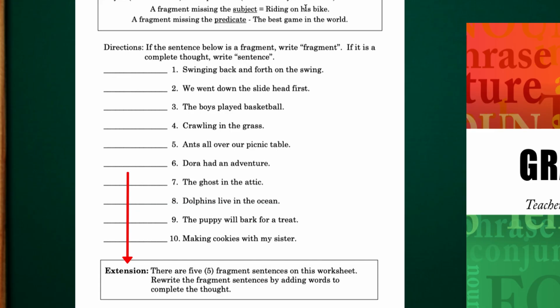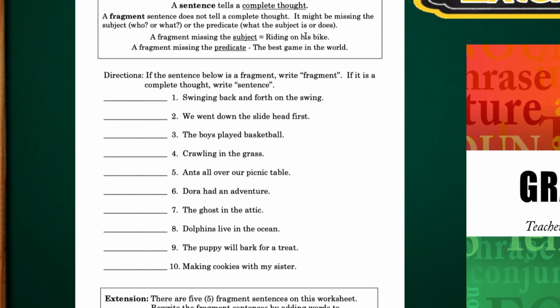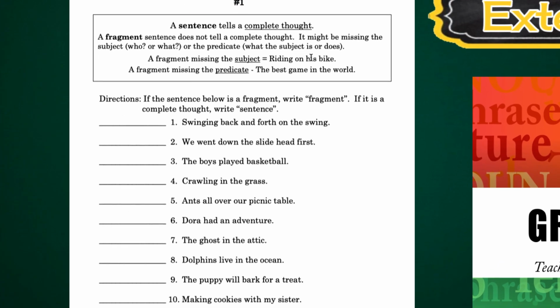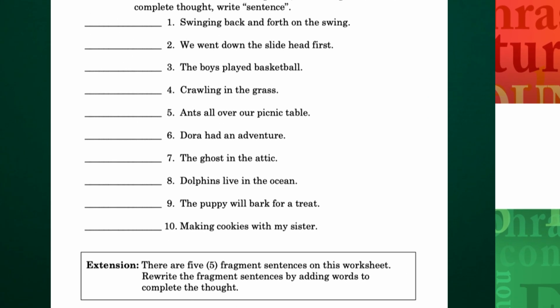Now, the extension is a small writing assignment where the students are practicing their grammar skills in real writing situations. You can see here on fragment and run-on sentences number 1, when the students finish the activity on the top, here's an extension down at the bottom.